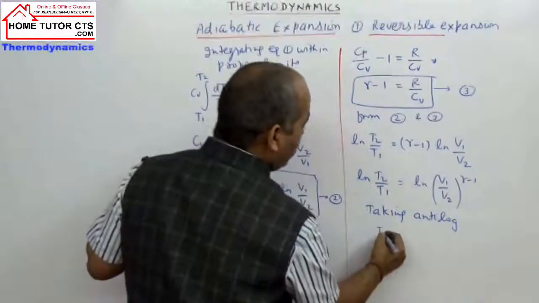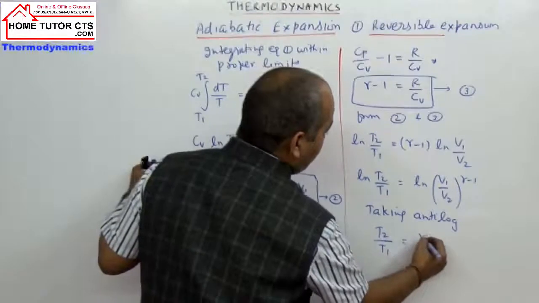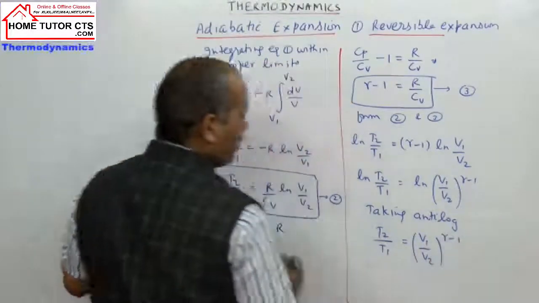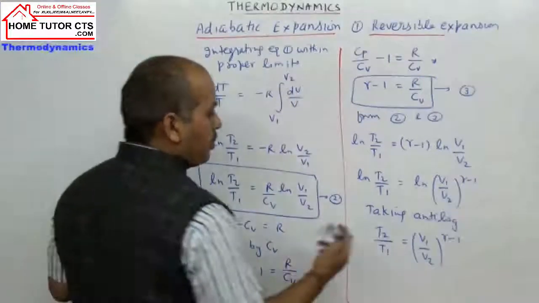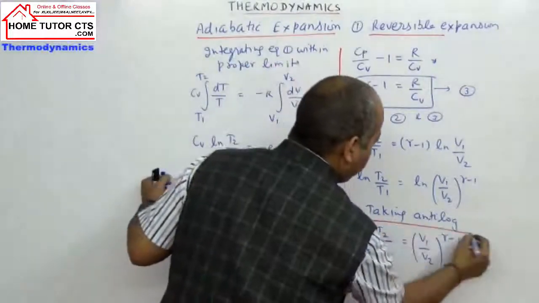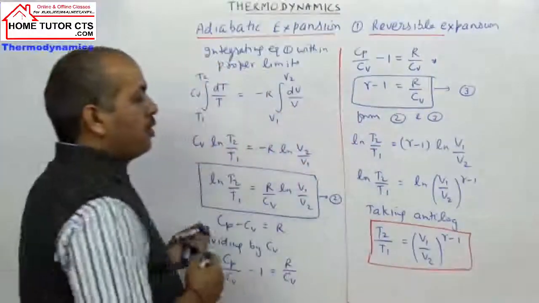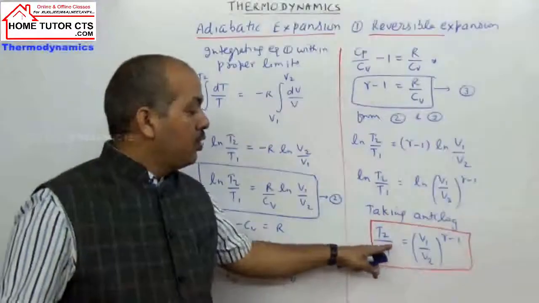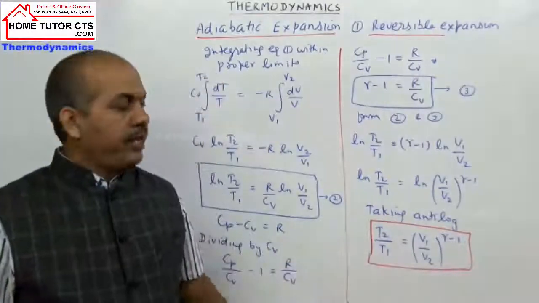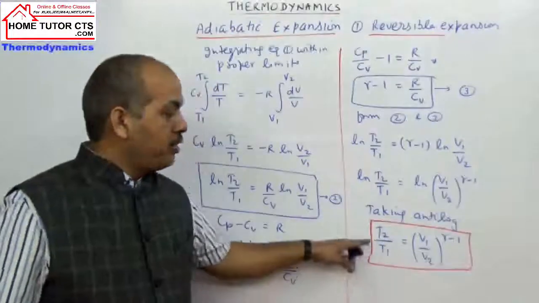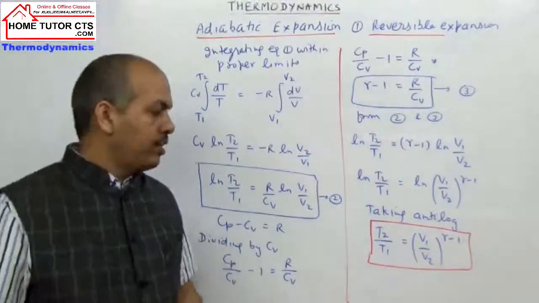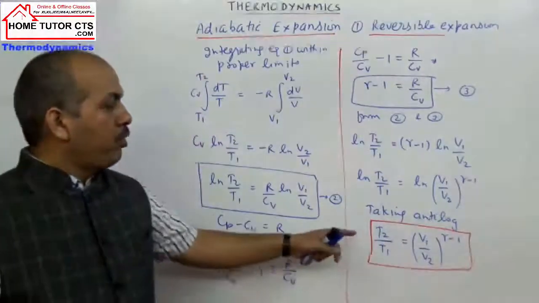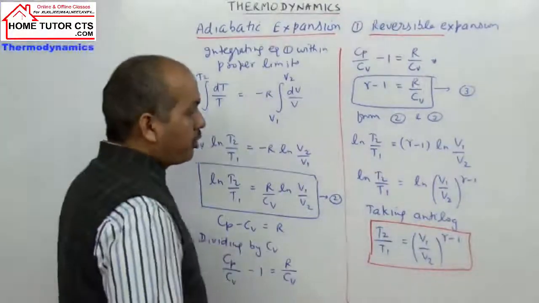I can write T2 by T1 is equal to V1 by V2 power gamma minus 1. It is one important observation in solving questions for adiabatic process to see the relation of volume and temperature. How volume can change when T2 changes or vice versa, the relation of temperature and volume we can have from this expression. It is one of the important conclusions.